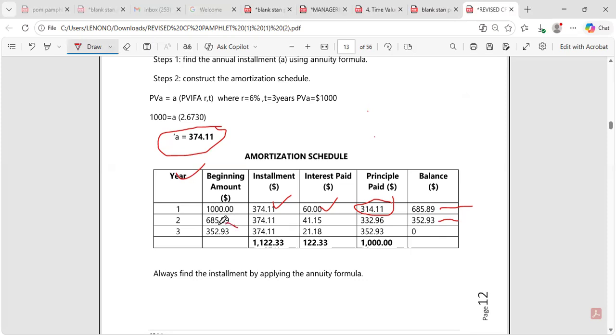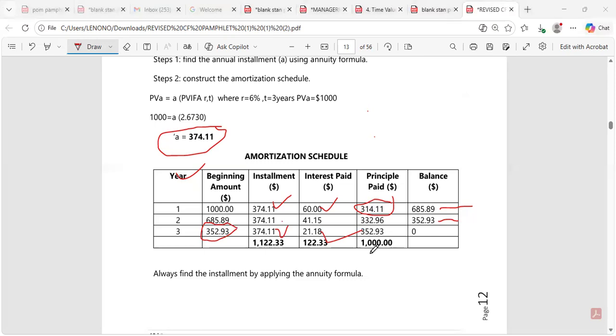So 352.93 multiplied by 6%, we pay interest of 21.18. 374.11 minus 21.18, the principal paid is 352.93. So the balance as at year 3 is 0.